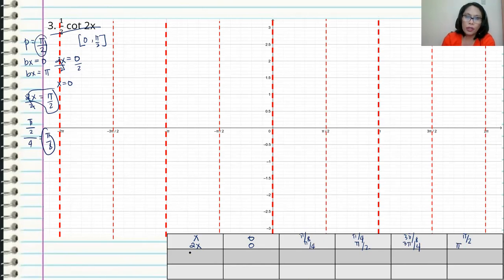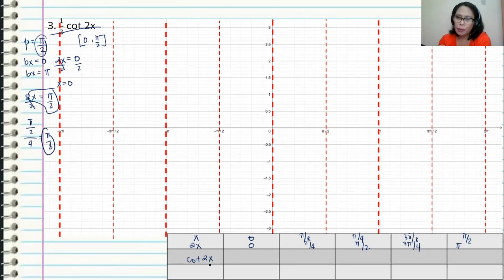And then we'll evaluate cotangent 2x. Now, it's hard sometimes to evaluate cotangent functions, especially if we're going to use a calculator, since we will be adding additional process. And as we work on adding process, we will be prone to error.